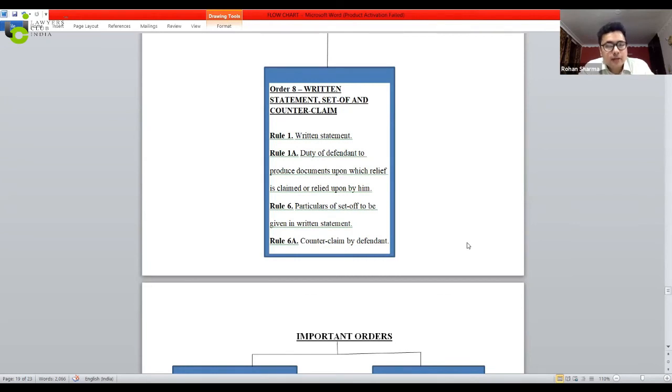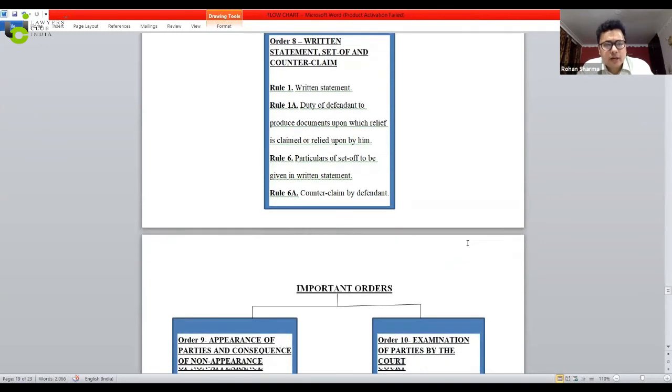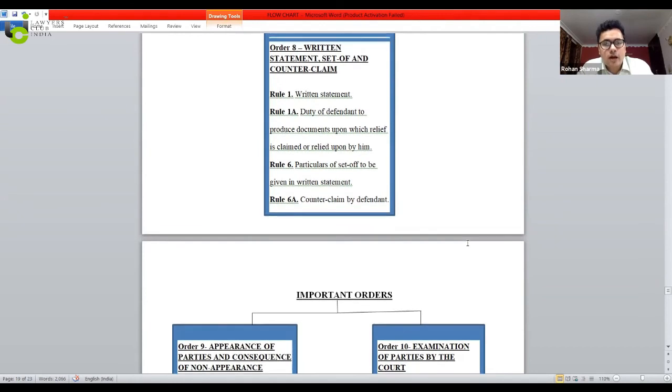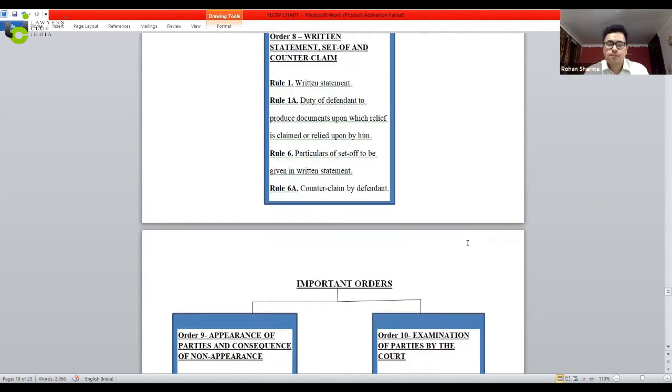Now, in what format that written statement has to be filed, what documents have to be affixed, in what manner these documents have to be affixed, what is a set off, in what manner a counterclaim, in case a defendant has to raise a counterclaim, has to be drafted and brought before the court, is what this order tells you about. Again, a procedural order to clarify how and when and in what manner you file your written statements and raise your counterclaims.